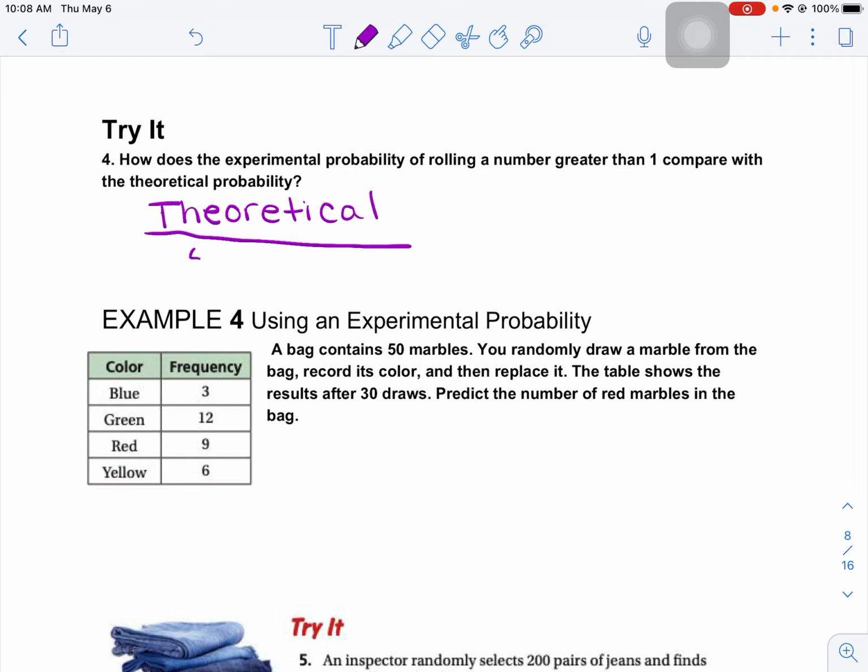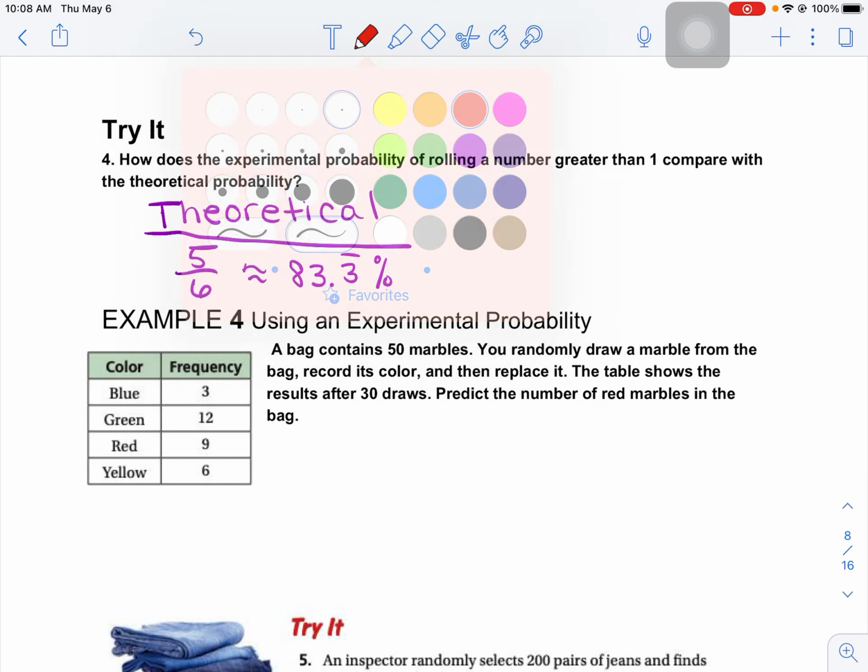So you have 5 different options, right, out of 6. So if we divide that, 5 divided by 6, we end up with 83.3%. All right, so then let's look at the experimental.